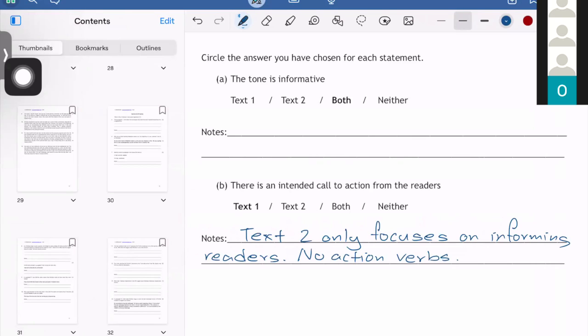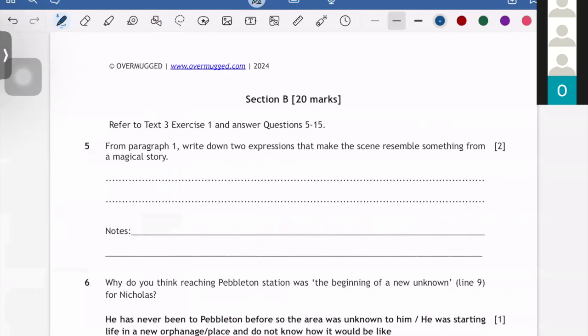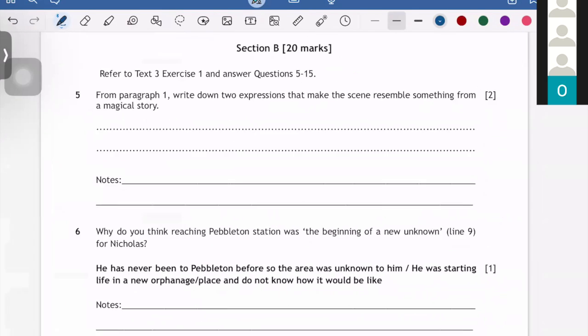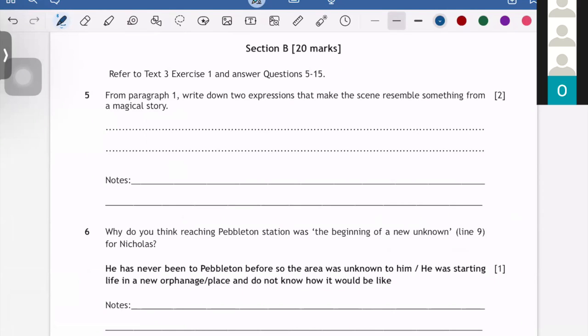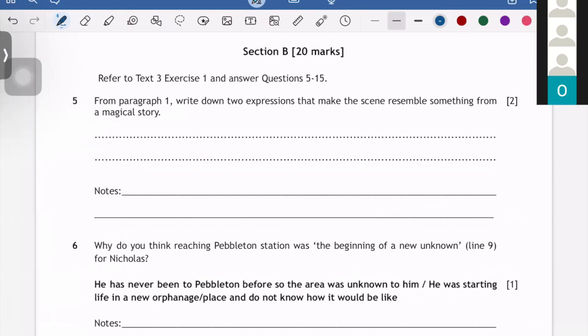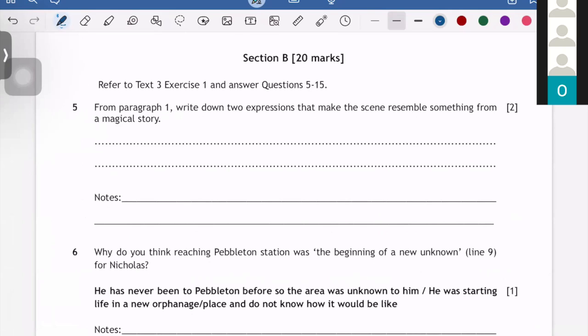Okay, so then I'm gonna go to text 3. Question 5. From paragraph 1, write down 2 expressions that make the scene resemble something from a magical story. This type of question, you have to explain it in your own words.